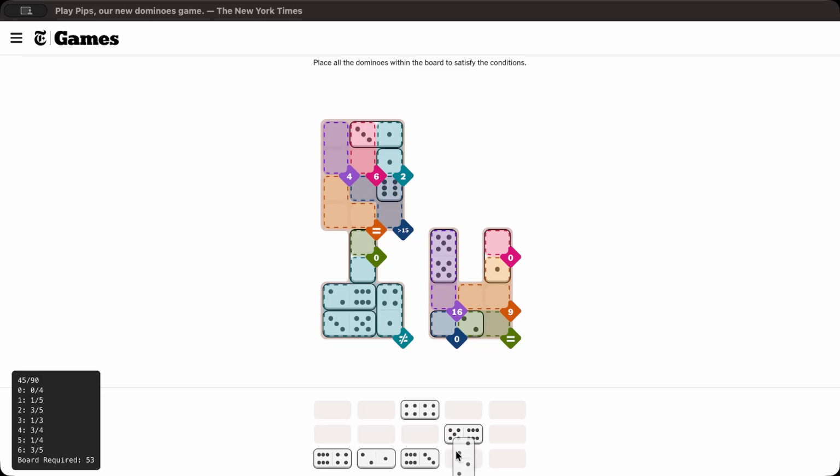This 4 could just be this 2, 2 up here. This could just be something like this. 2. This would need a 5. No. This would need a 7. That is not possible.